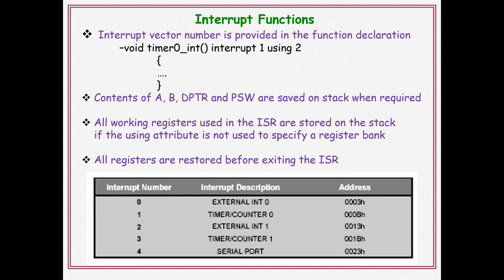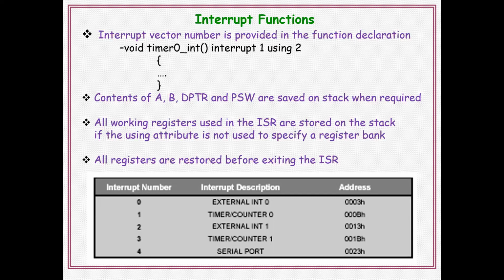Interrupt functions. The interrupt vector number is provided in the function declaration, like void timer0 interrupt 1 using 2. The contents of A, B, DPTR and PSW are saved on the stack when required.